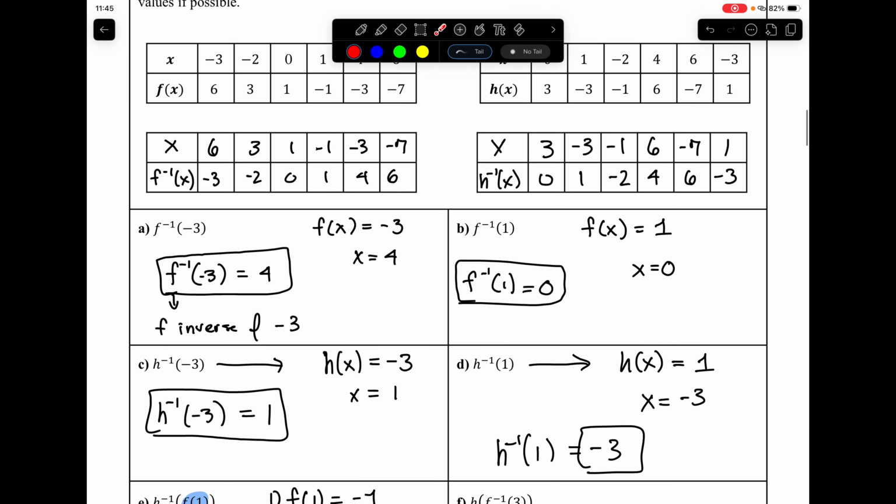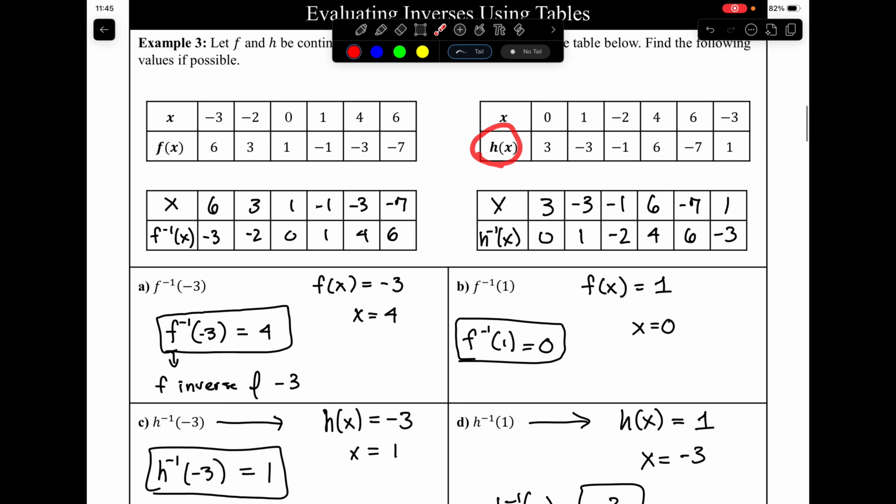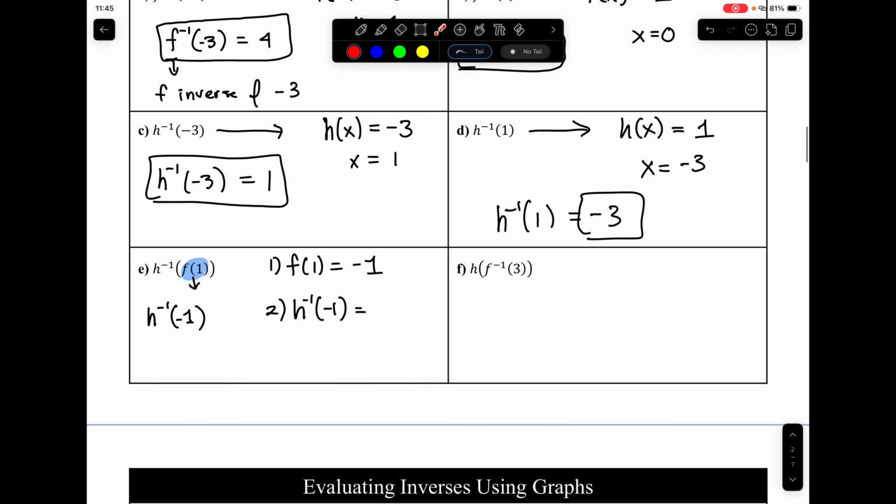Without creating this table, we can look at when h of x equals -1. Well, the input is -2, which is the same thing that we got earlier. So the value of the inverse of h at -1 is -2, so there's your answer. Your answer here is that h inverse of f of 1 is -2. So let's now look at the next example.